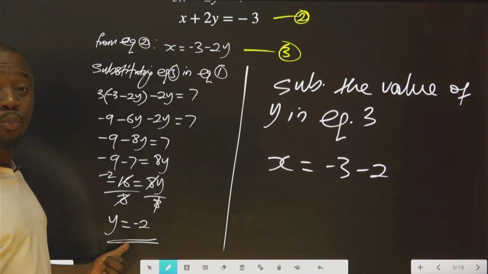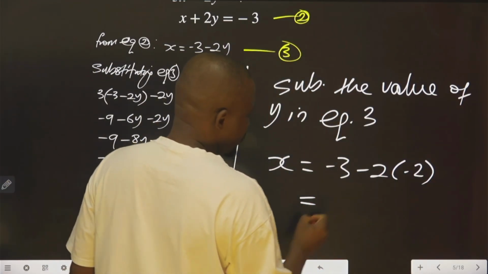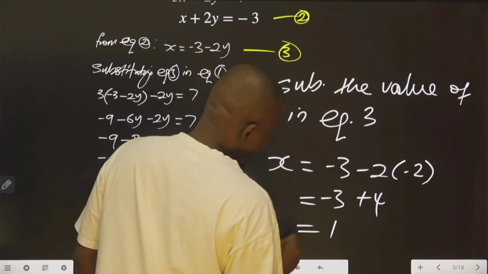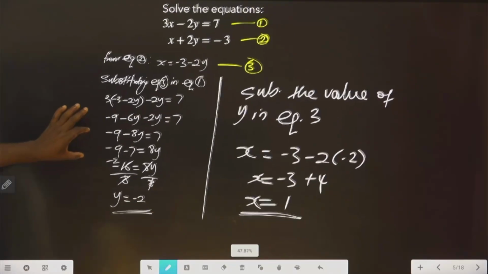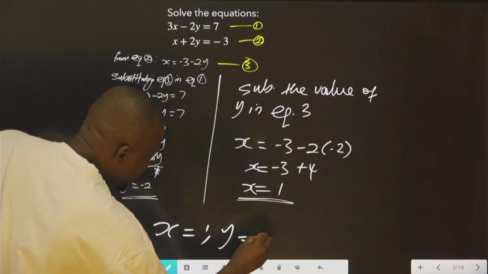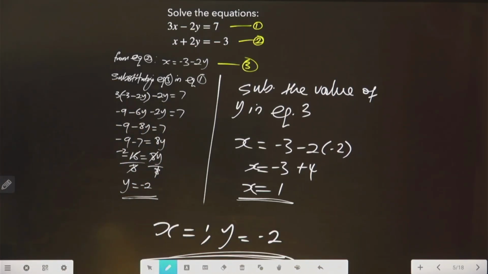In place of y, we put minus 2. That is minus 2 times minus 2, which gives us plus 4. So minus 3 plus 4 is 1. So x therefore is 1, okay? It means therefore the two values are x equals 1 and y equals minus 2. These are the two values of x and y.